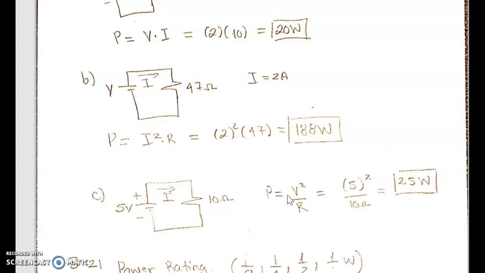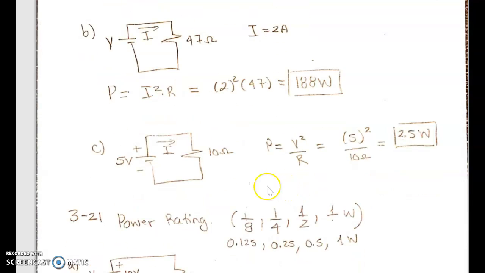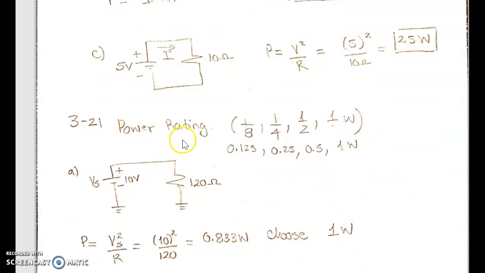In 3.21, it says choose an adequate power rating for each of the following circuit representations. The standard power ratings are 1/8, 1/4, 1/2, and 1 watt. Those are the standard. That's how you would buy it off the shelf.